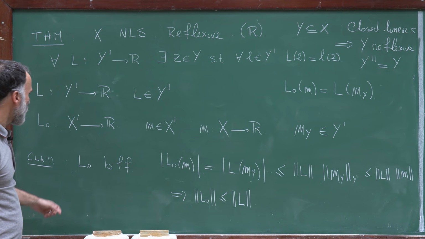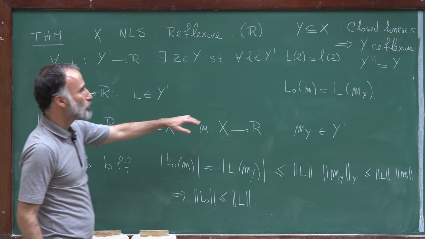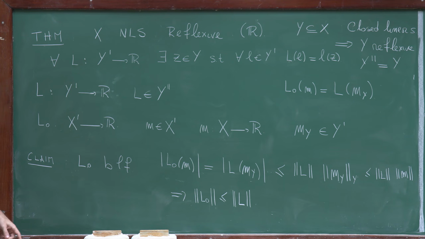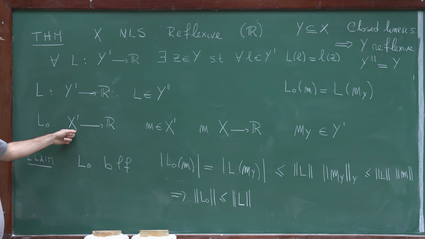All right, so L0 defined through this formula is indeed an element of X double prime, right? It's a bounded linear function defined on X prime.